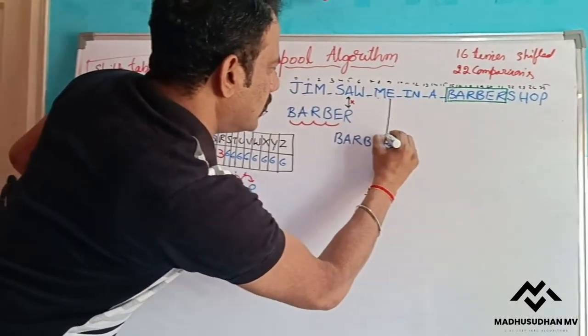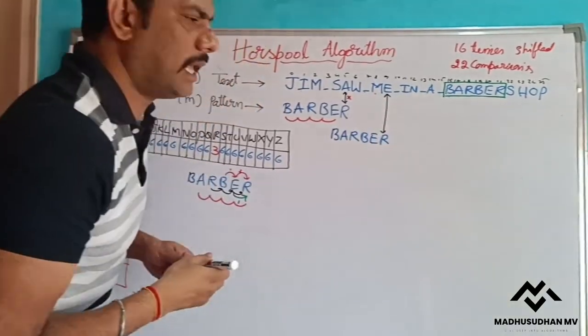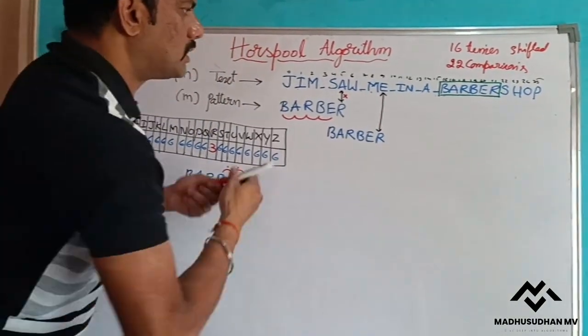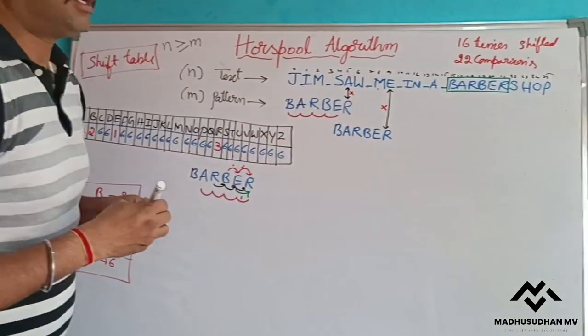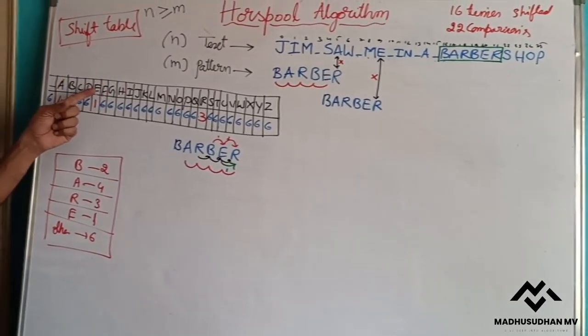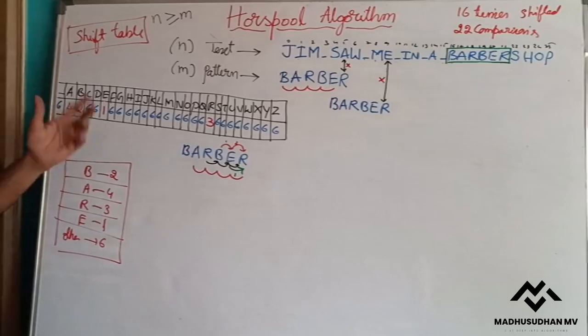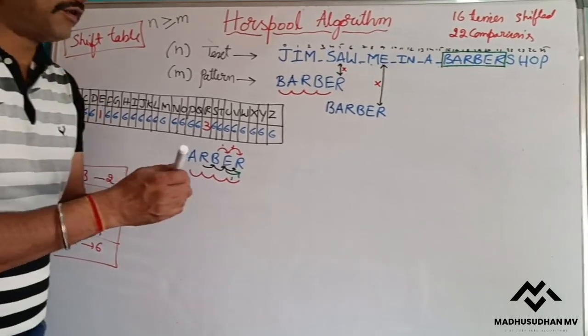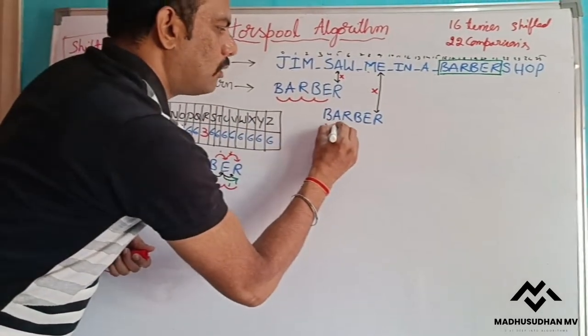I'm comparing these two. Again here a mismatch occurs at the first position itself. Now get the value of E from the shift table. E value is 1. Now shift the pattern towards the right by 1 position.